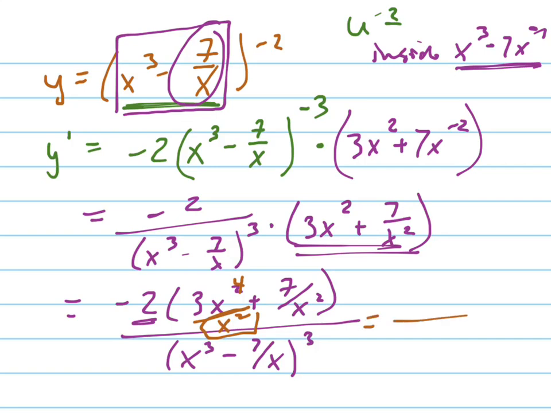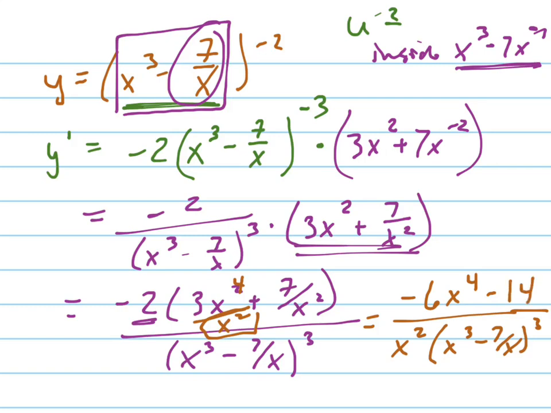So what would happen is you would have x squared all the way in the denominator, because it's like you're factoring out the x squared. It's all the way in the denominator, and it's x cubed minus 7 over x, quantity cubed. And then in the numerator you would just have, I'll just go ahead and distribute the negative 2 in now. Negative 6x to the 4th minus 14.